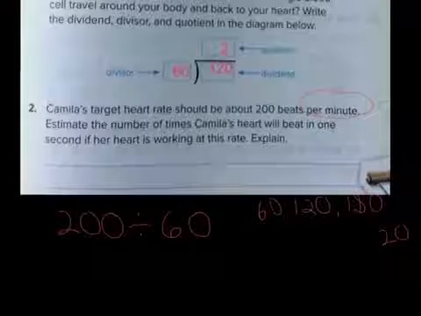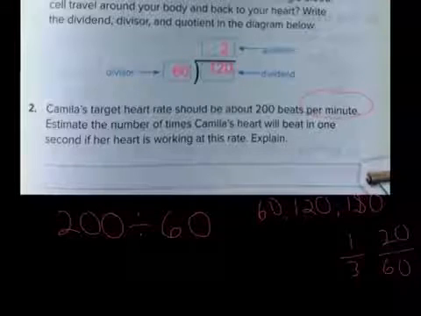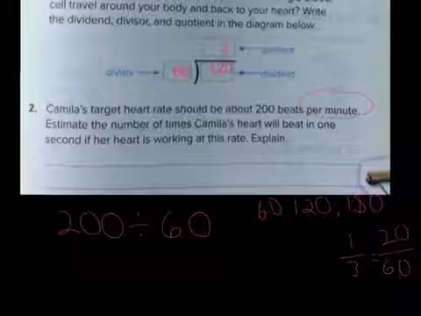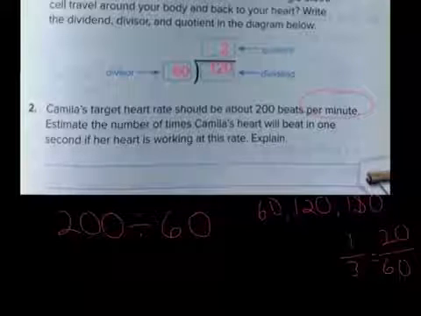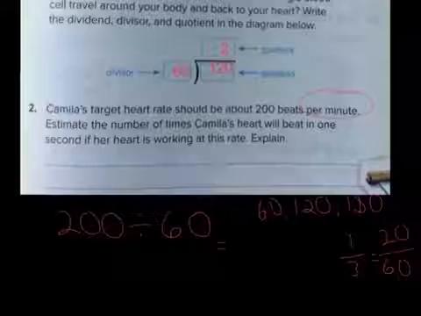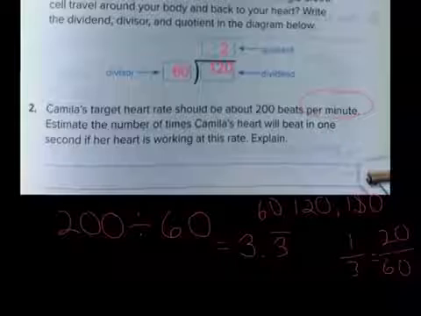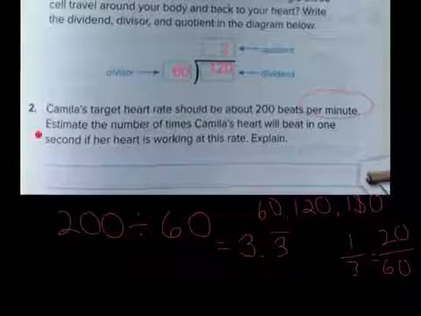This 20 out of 60 is 1/3, is it not? And 1/3 as a decimal is 0.3 with the bar notation, is it not? So could we say that our answer is 3.3 bar? That is our exact answer, but they want an estimate.